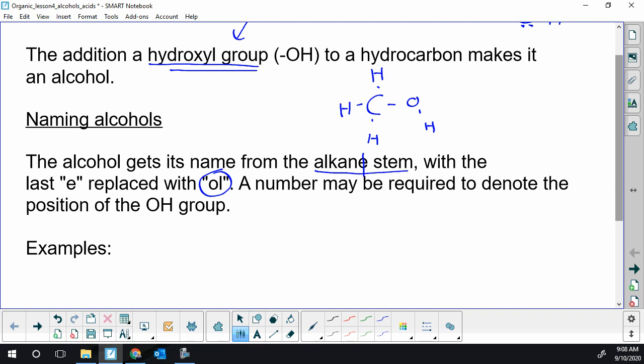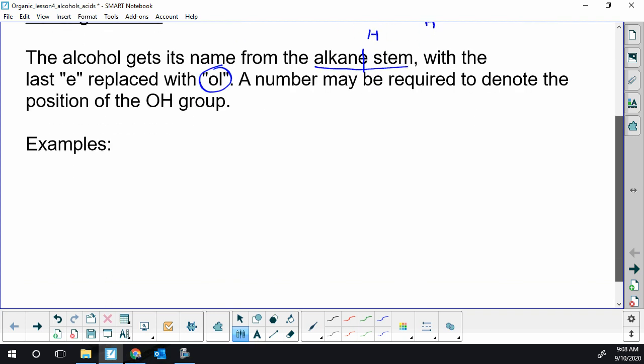Okay. I'll do a couple larger examples. So I'm going to do 3 carbons with an OH at one of the ends.